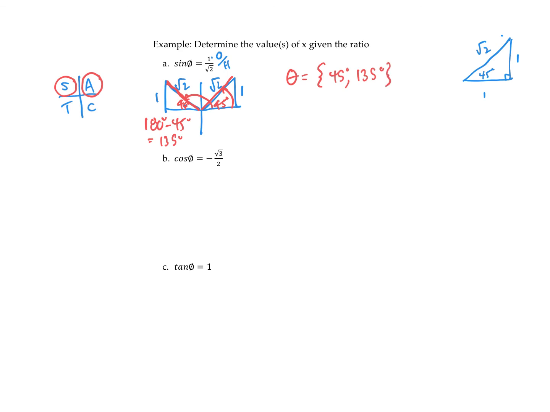So here are the steps. Step 1, use the CAST rule to determine the quadrant. What quadrant is it in? Step 2, label the sides. Which two sides have we been given? Step 3, match it to a special triangle.